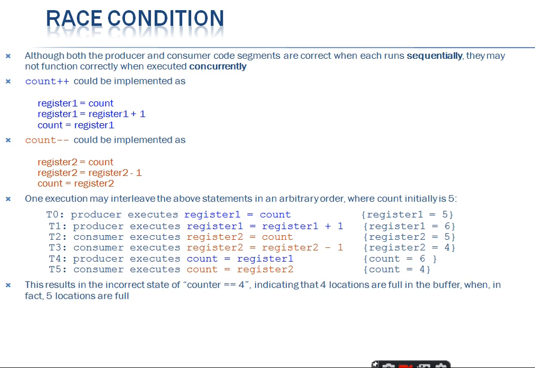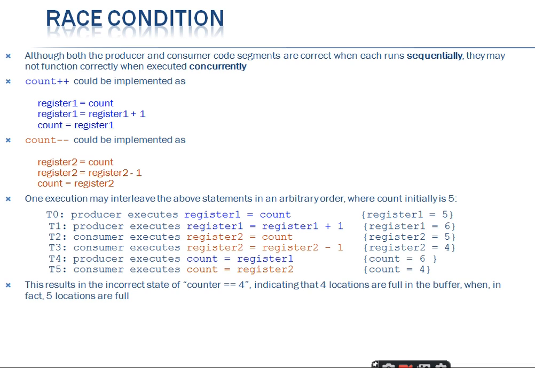Okay. Now there is another point to discuss here, which is race condition. The producer and consumer code segments are correct when each runs sequentially. They may not function correctly when executed concurrently.